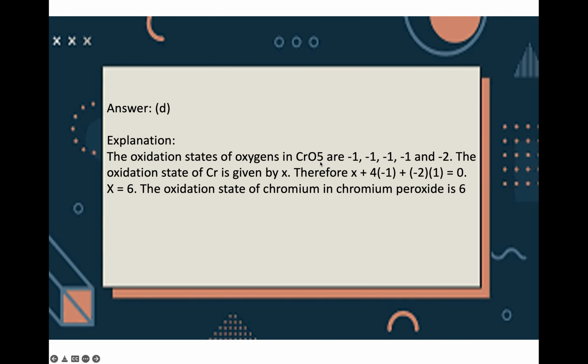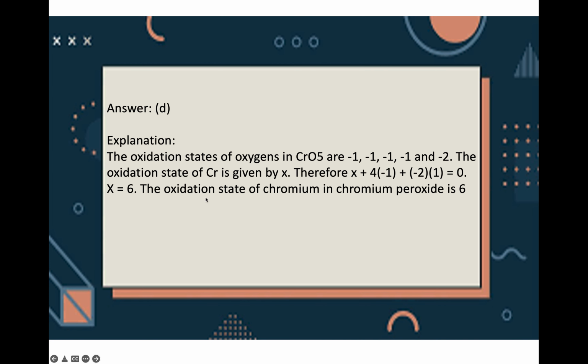So how will you find the total oxidation state? Oxygen is -2, so 5 into -2 is -10 for oxygen. -10 plus X equals 0. So X is equal to 10.